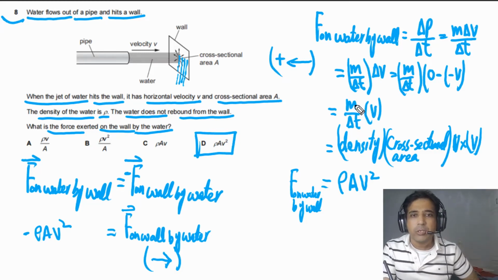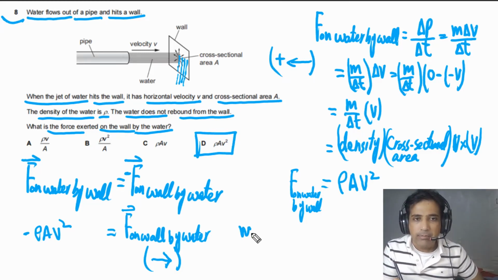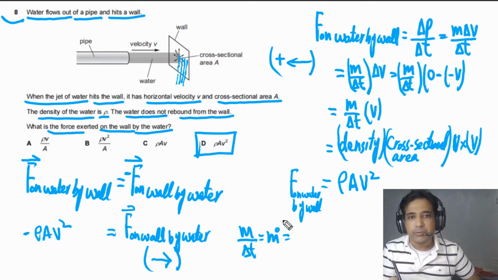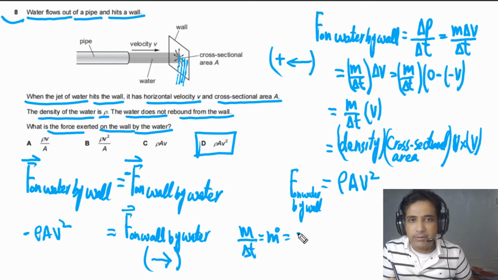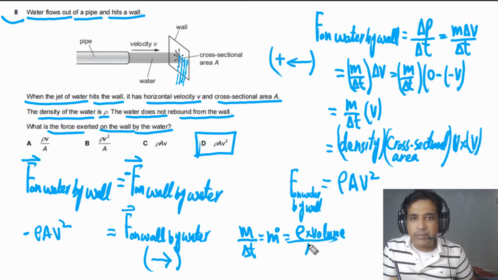Mass flow rate means mass over time, and the mass is equal to density times volume, divided by time. So we can write density, and the volume is A times L, over t.